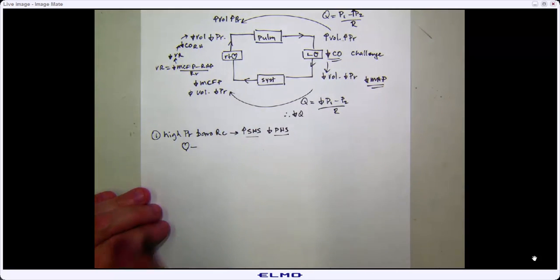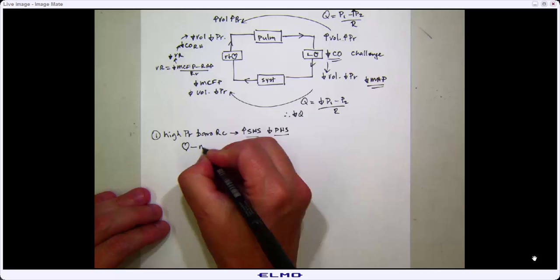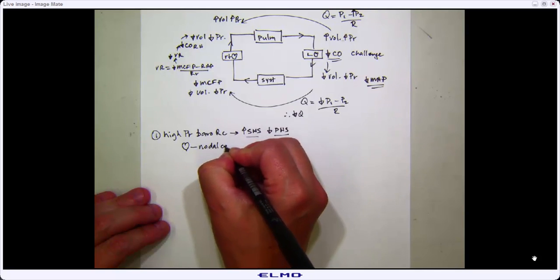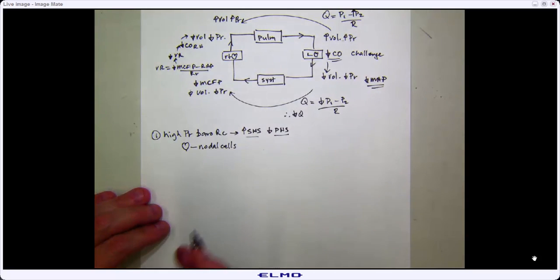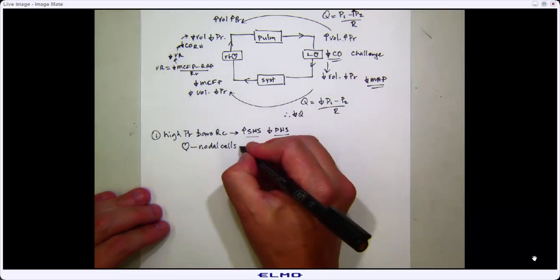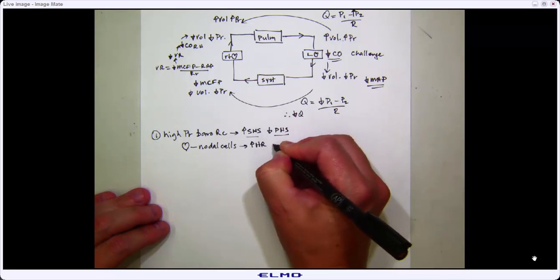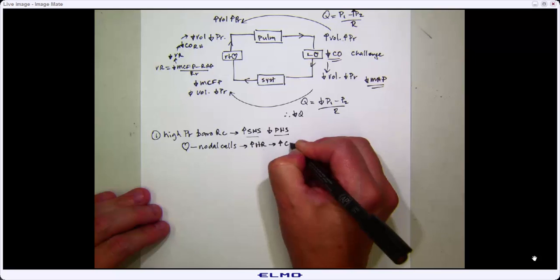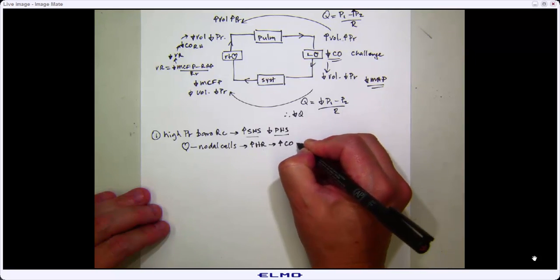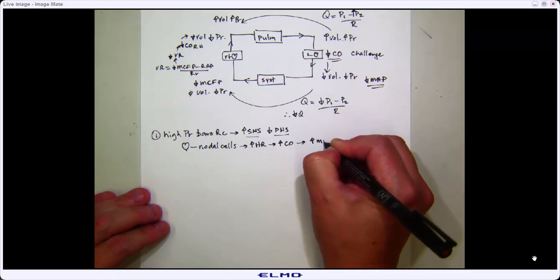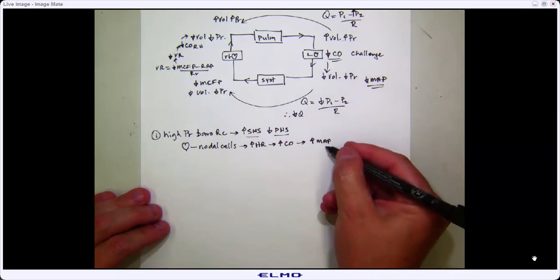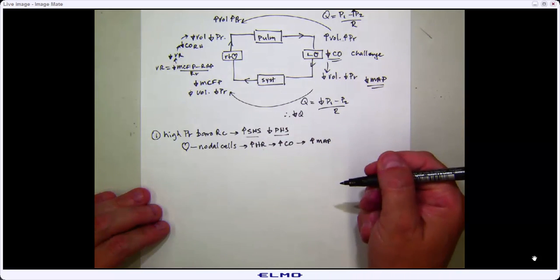So in the heart, we are directly connected to nodal cells. Right, and what did an increase in sympathetic nervous system activity do to nodal cells? It caused an increase in heart rate. And this would cause an increase in cardiac output, which would then cause an increase in mean arterial pressure. So the body is wired this way because it wants to fix its problem.